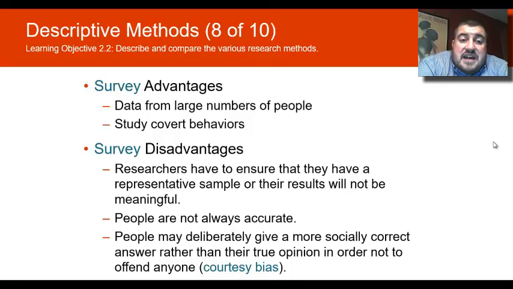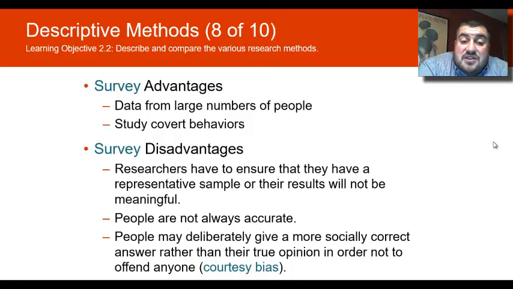So you can study these secret behaviors because they'll tell you about it if it's anonymous. The disadvantages are that it's hard to ensure that the representative sample is representative of the target population, or the results will not be meaningful.